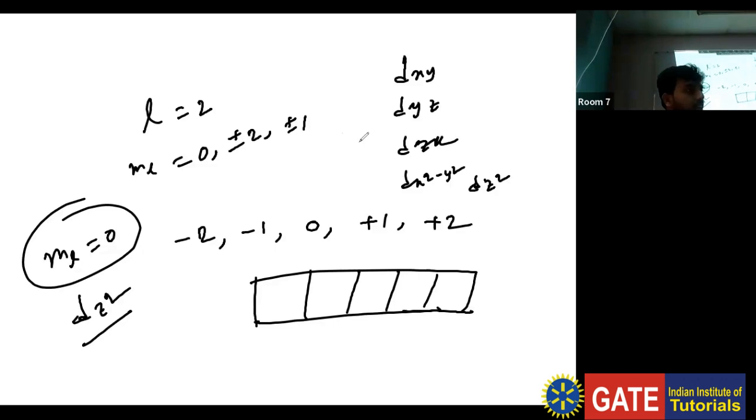No, nothing like that. All can be interchanged. Even in quantum mechanics, we cannot tell whether dxy is minus 2 or dyz is minus 1. Only we can tell that the dz square ml value will be 0. One time a neat question has come where if the ml value is equal to 0, what is the orbital? Answer should be dz square. Don't forget this.